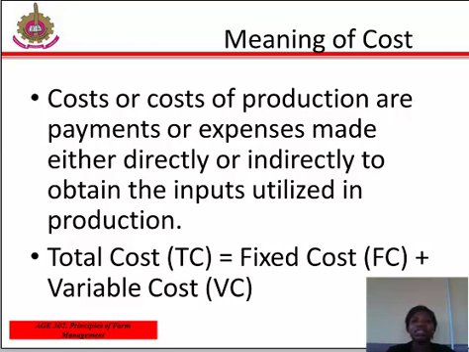It is also known as expenses incurred in producing a particular amount of product in a particular period of time. Cost of production can also be referred to as accounting costs.